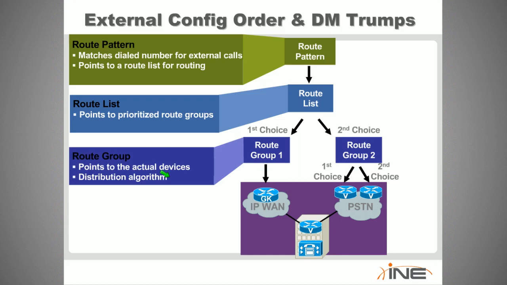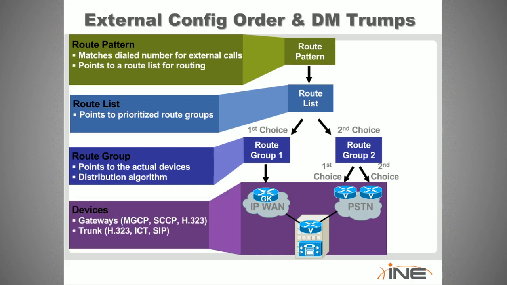This will load balance the calls, especially in high busy hour call volumes, across the receiving or terminating cluster and across their subscribers. This is the reason for distribution algorithms within route groups.